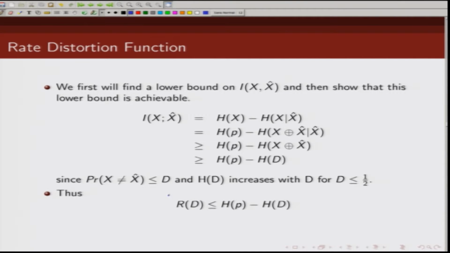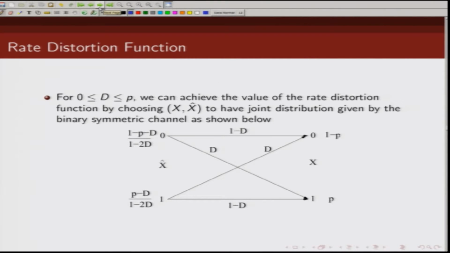So, the rate distortion function is given by this for the case when d is within minimum of p or 1 minus p. Now, let us consider the case when d lies between 0 to p.